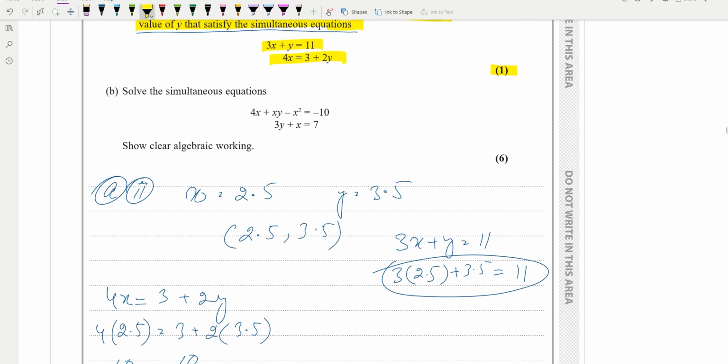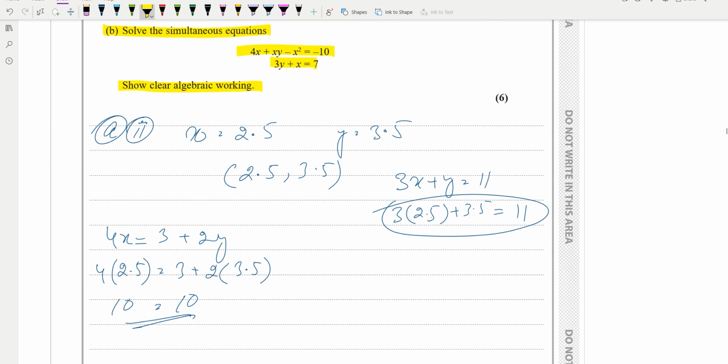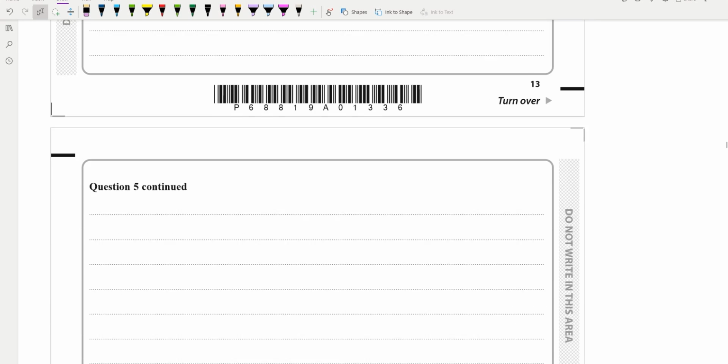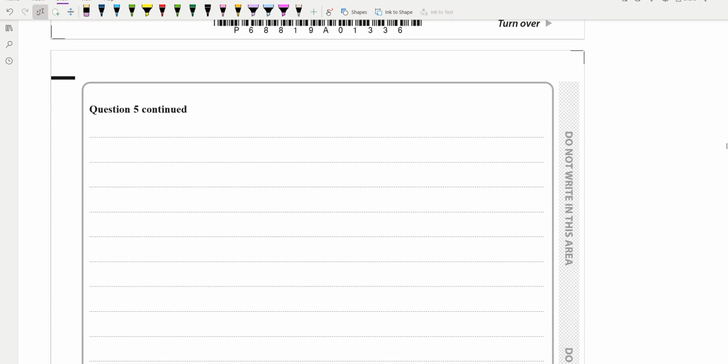Now for the B part, we have to algebraically solve these two simultaneous equations and show clear working, and this is a 6 marks question. So we can use this space, and this is our B part which we can solve. Our equation, I'll copy the equation: 4x plus xy minus x squared is equal to minus 10, and the second equation is 3y plus x is equal to 7.